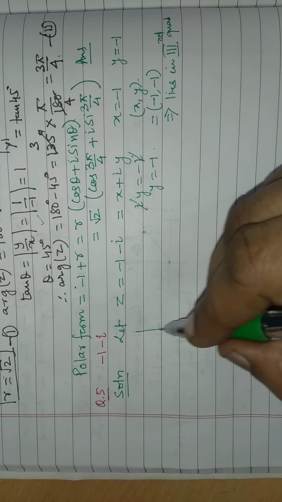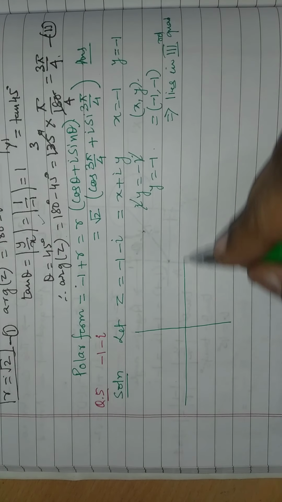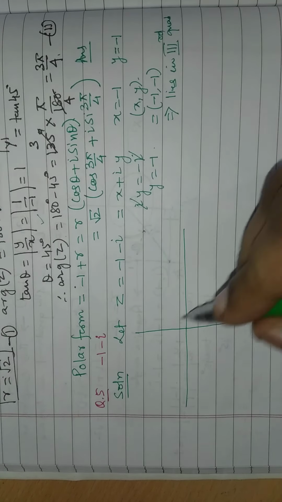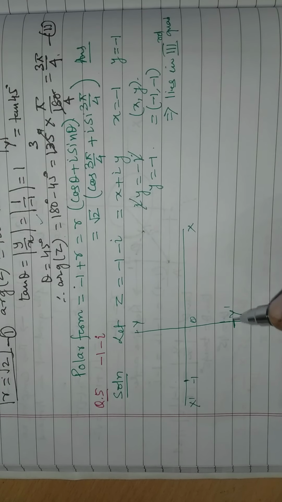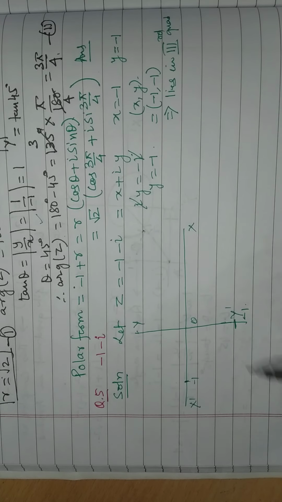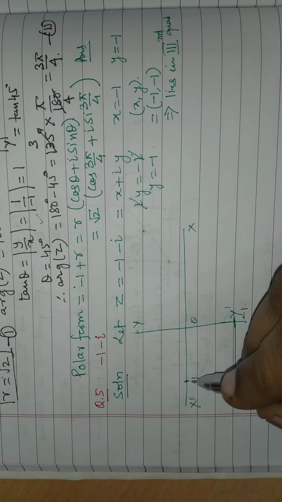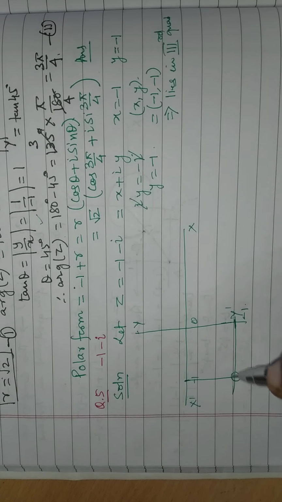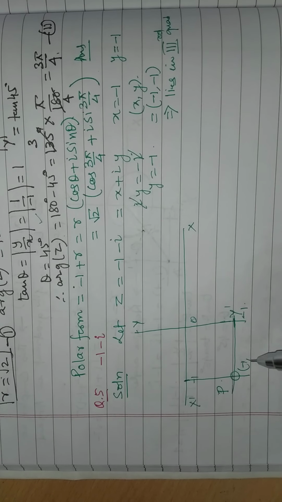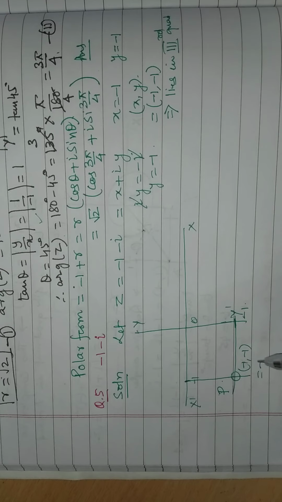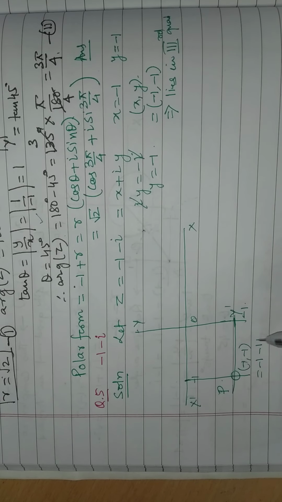So suppose if we draw an Argand diagram over here, Y O Y dash and X O X dash. So suppose this is -1 and here is this -1 i. We will get a point, suppose P, whose coordinate is (-1, -1), representing the complex number -1 minus i.